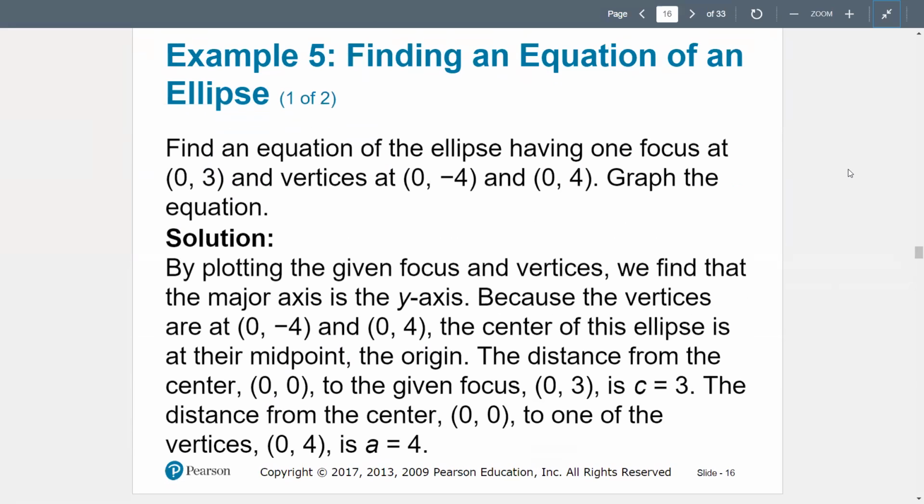Okay, if we have an equation of an ellipse having one focus at (0, 3) and vertices at (0, -4) and (0, 4), and we want to graph the equation, we get c equal to 3 and a equal to 4.